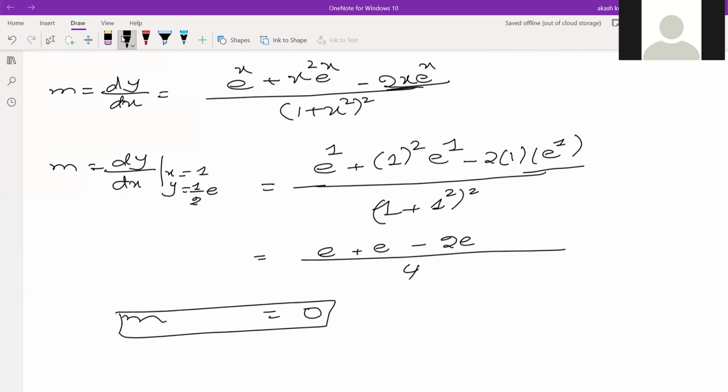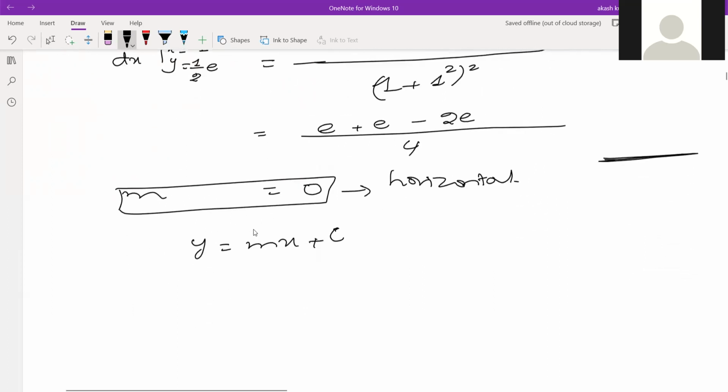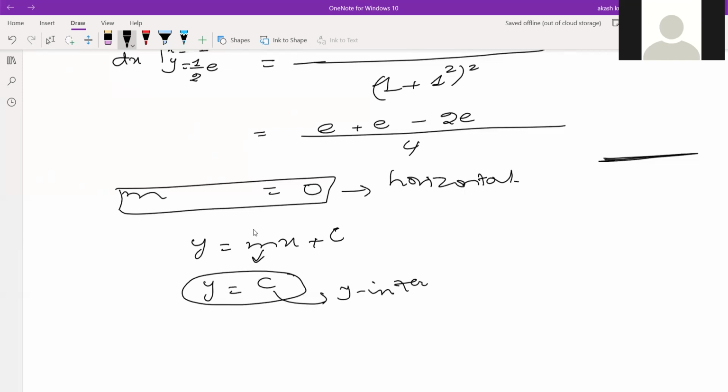One point to be noticed here, that when the slope is 0, the line is horizontal. The generalized equation of the line is y equals mx plus c. And we know that the slope is 0. So the equation of the line is y equals c. c is the y-intercept, where it crosses the y-axis.